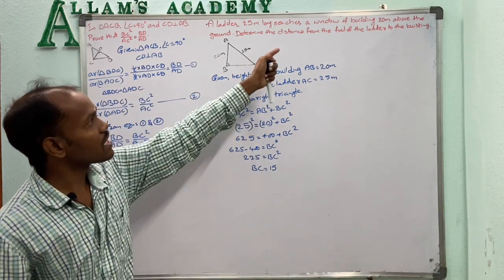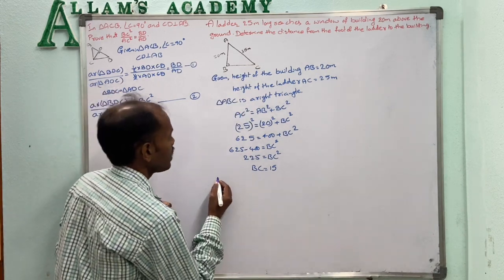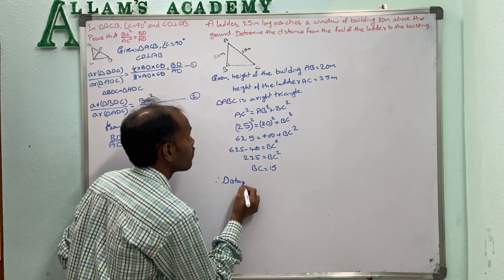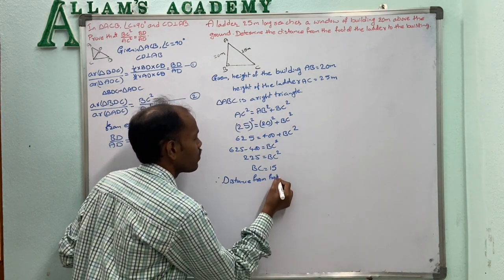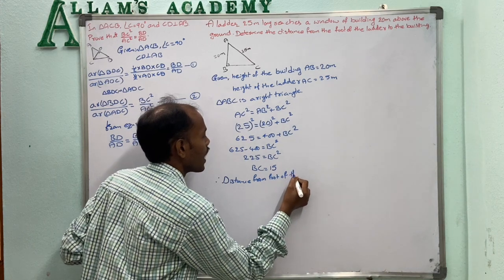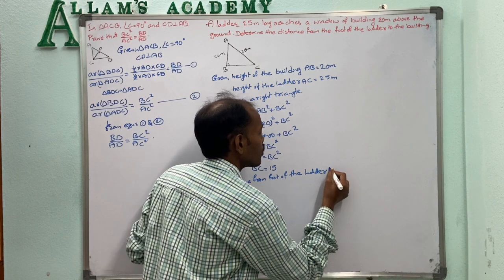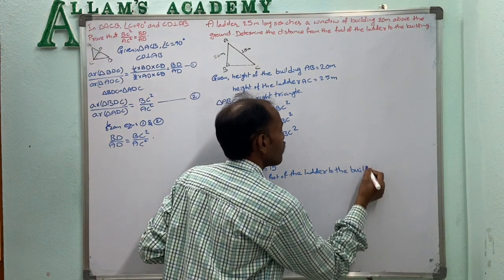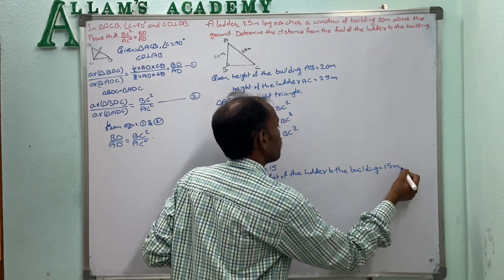So the distance from the foot of the ladder to the building is 15 meters.